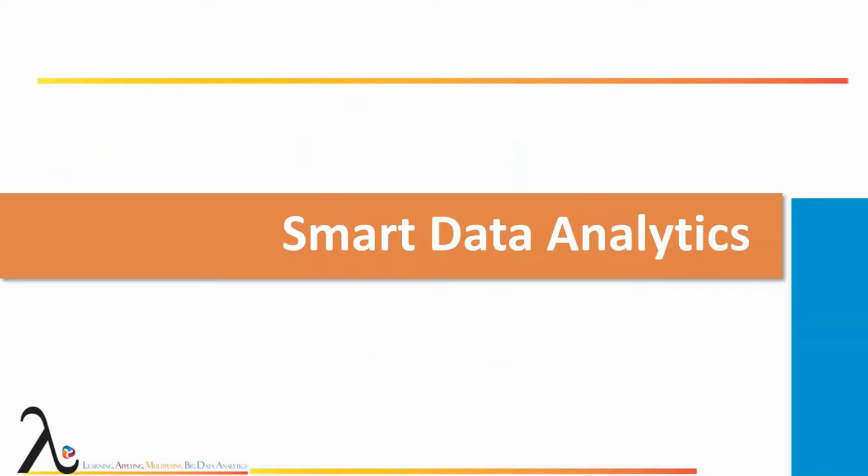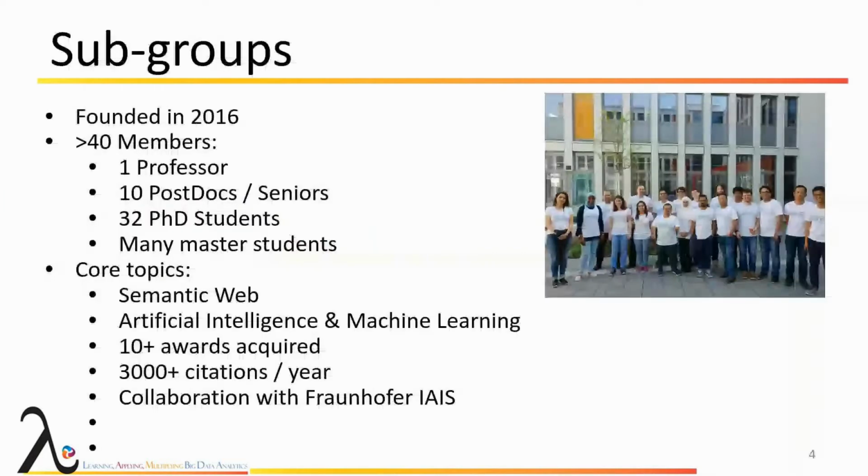First of all, who are we? We are coming from the Smart Data Analytics Group, which was founded in 2016 by Professor Jens Lehmann from the University of Bonn. At the moment, we are a bit more than 40 members, orbiting around Jens Lehmann as a professor.